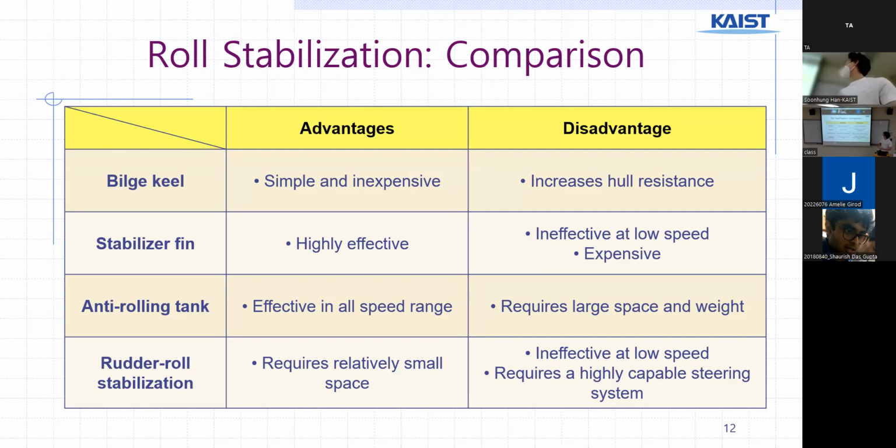The anti-rolling tank is effective in all speed ranges, but requires a large space and adds weight. And the rudder roll stabilization needs little space and is inexpensive, but it's ineffective at low speed since there isn't any force against the rudder at low speed.